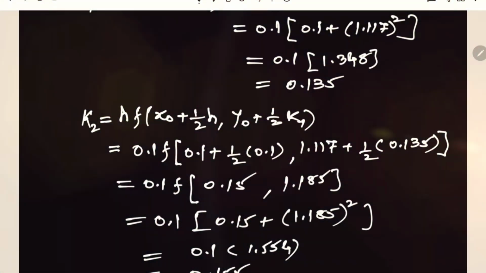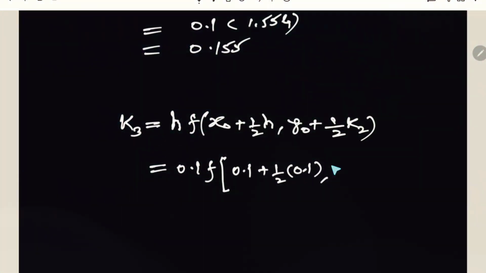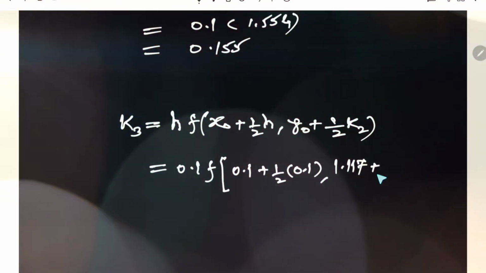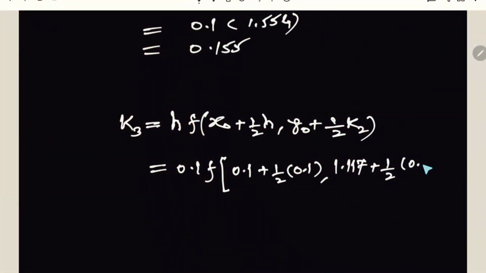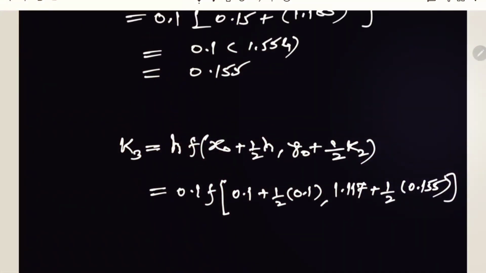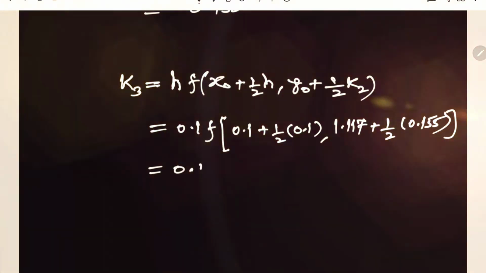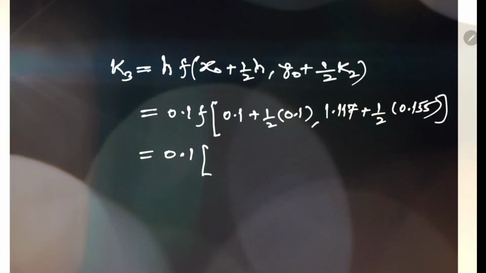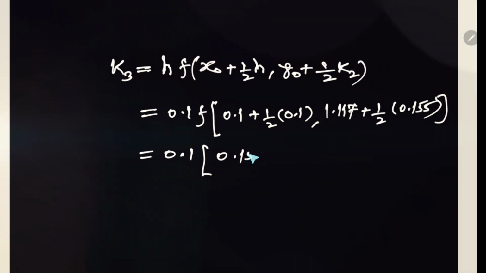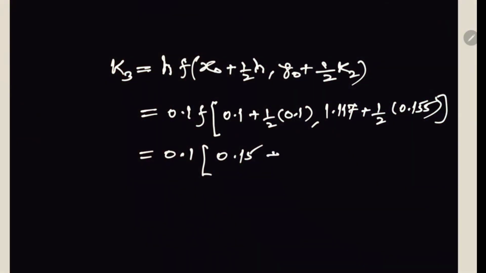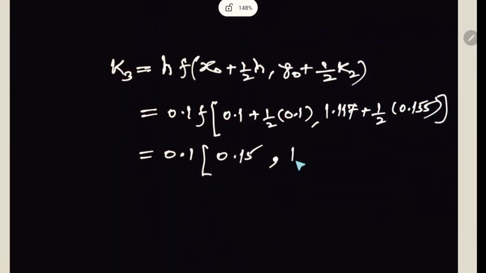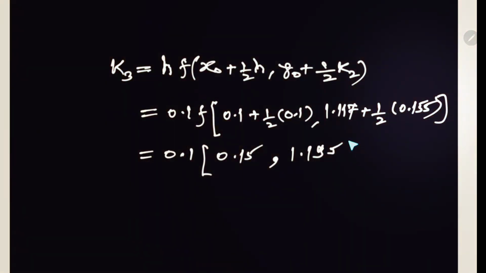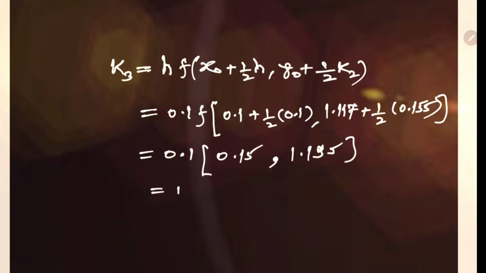Substituting the values and then simplifying it by calculator, we get 0.1 into f of first term, 0.1 plus 0.1 by 2, nothing but 0.15, f of 0.15 and 1.195.